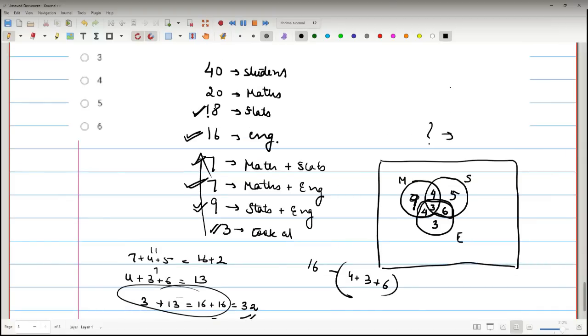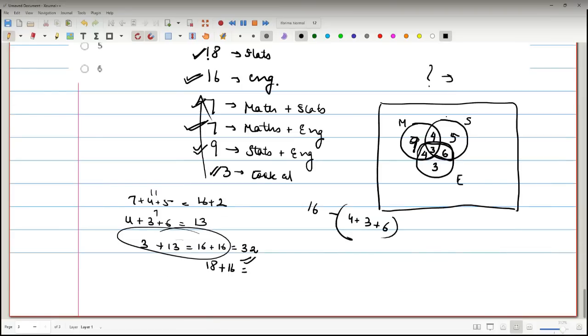I'll calculate it. 20 minus, these are 4 plus 3 is 7, plus 4 is 11. 20 minus 11 is 9. Yes. So 18 plus 16 is 34. So 40 minus 34, 6 students took nothing. Okay. Clear?